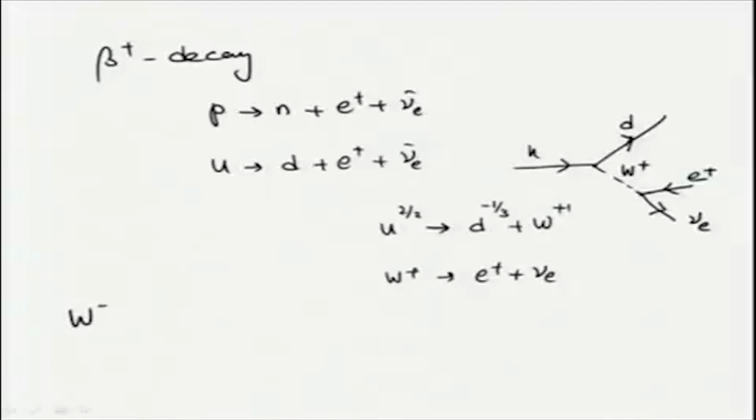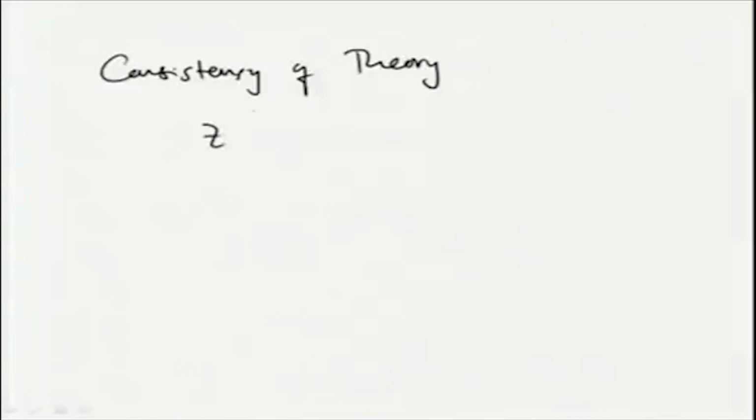So, we have another gauge boson, W plus. There are two weak gauge bosons now, W plus and W minus. It turns out that one is the antiparticle of the other. Then you will see that for the theory to be consistent, when we discuss the theoretical model, it will be clear we need another neutral weak gauge boson.